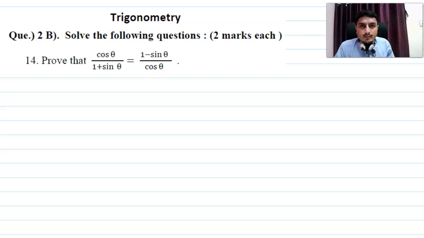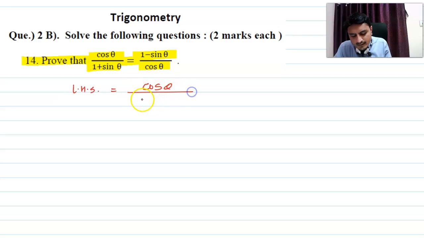Look at question number 14 from question 2b. We have to prove that cos theta divided by 1 plus sin theta is equal to 1 minus sin theta divided by cos theta. Consider the LHS, cos theta divided by 1 plus sin theta.